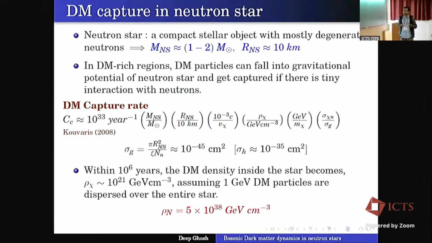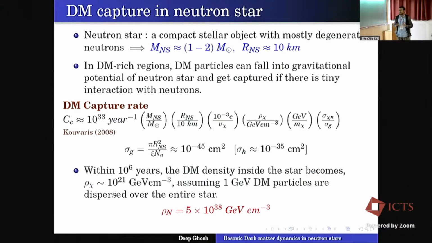And this is the dark matter capture rate. Now, for the neutron star to transmute into a black hole via this dark matter capture, we need the dark matter particles to be self-gravitating. That only happens when the dark matter density is comparable to the neutron density in the neutron star.